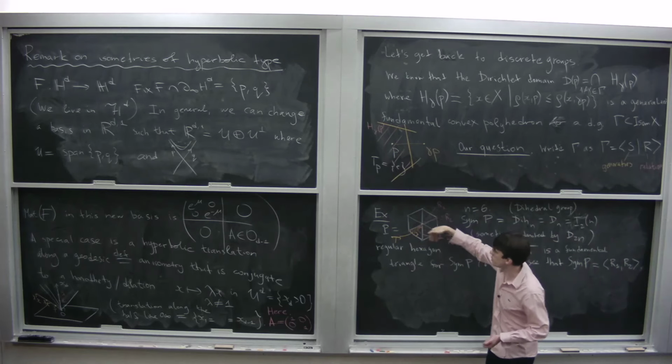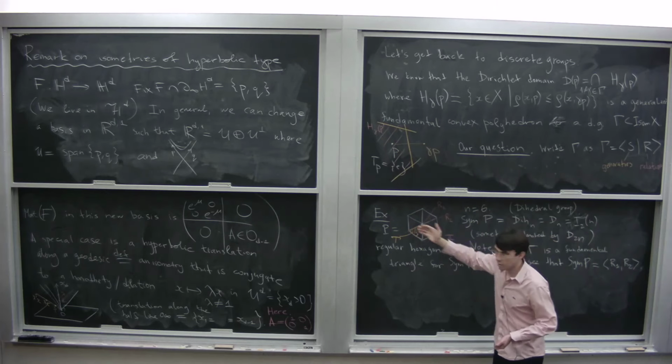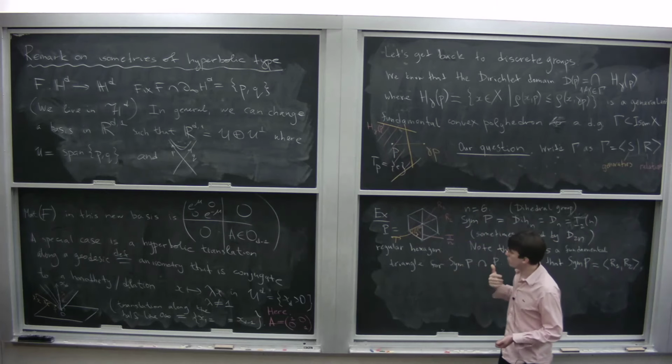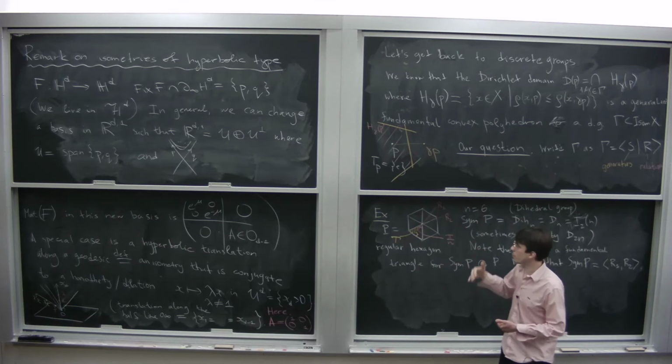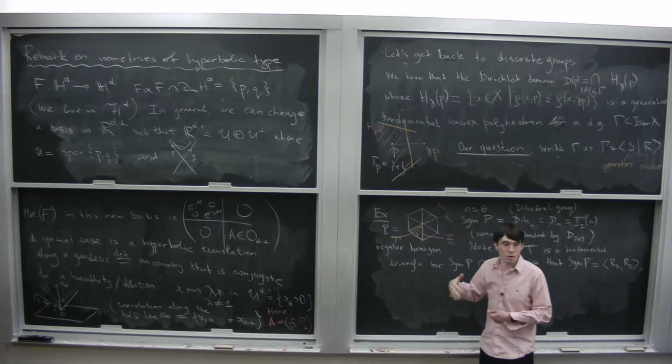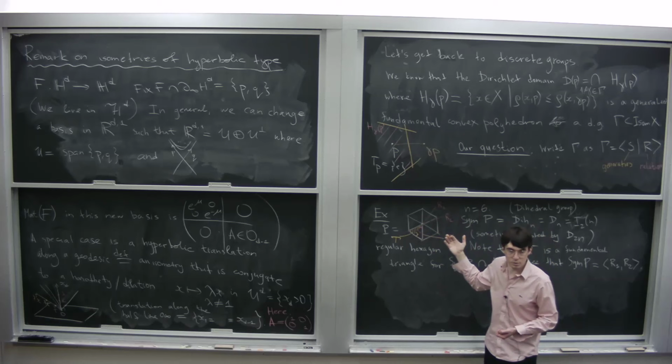And then the rotation allows me to get everything. On the other hand, you can see that indeed the fundamental chamber is precisely this, and you cannot make it. I mean, you don't have any other isometry, basically. So we have only rotations and reflections.